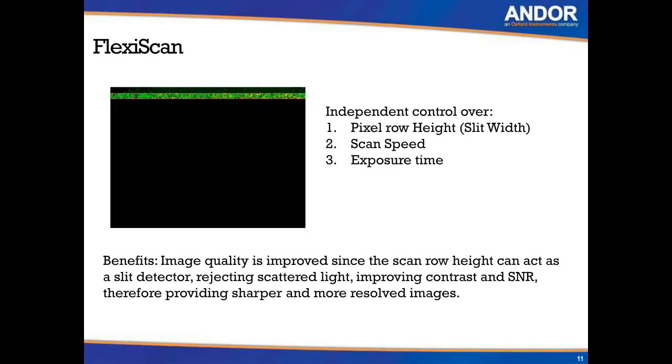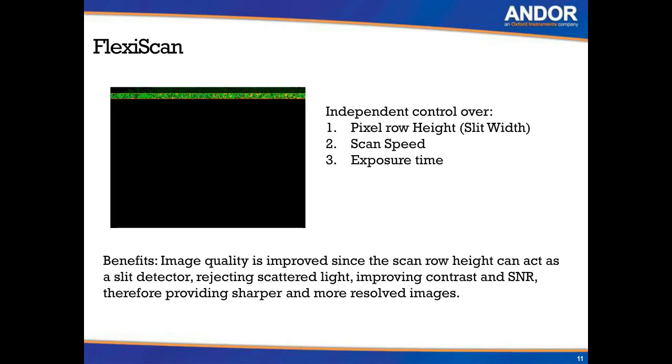Okay, so again, this is similar to what Dr. Greenbaum showed in his presentation, and it's really just to show you how you can synchronize your light sheet to the rolling shutter mechanism on the Xyla 4.2. So what the user has is full control over the pixel row height, the speed with which you can move this slit width on the sensor itself, and also the exposure time.